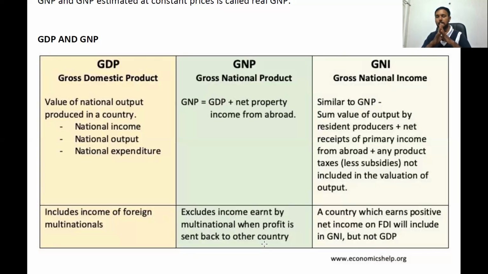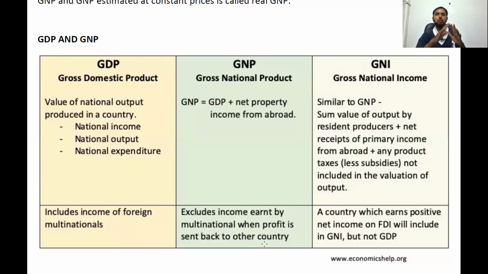So guys, we need to focus on nationality, and we also exclude the production which is done in our country by foreigners, or by companies which send their profit to foreign countries. So what is GNP?